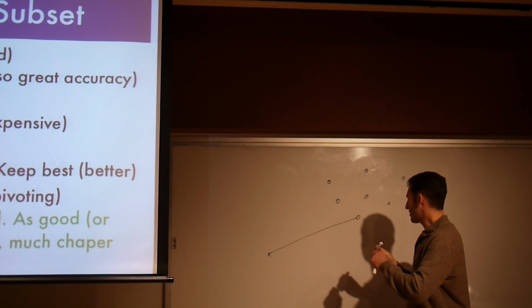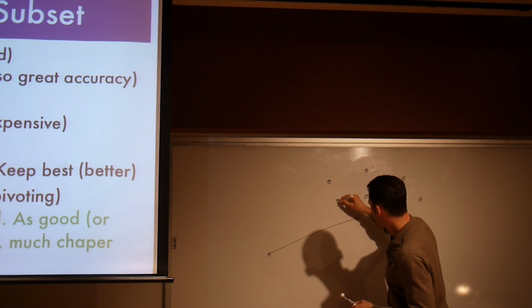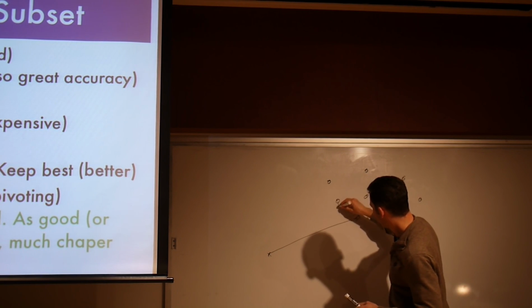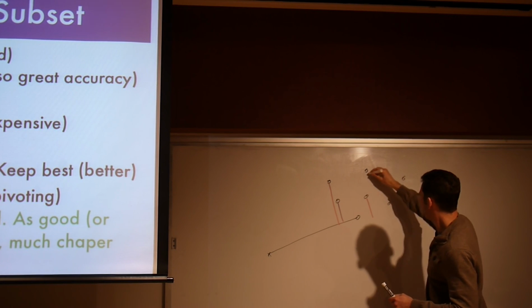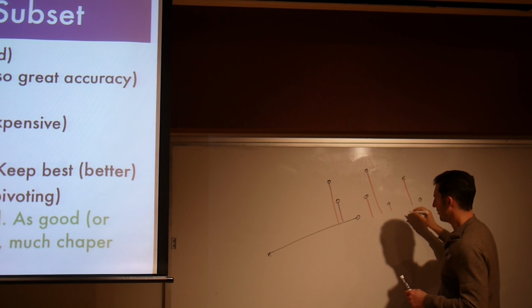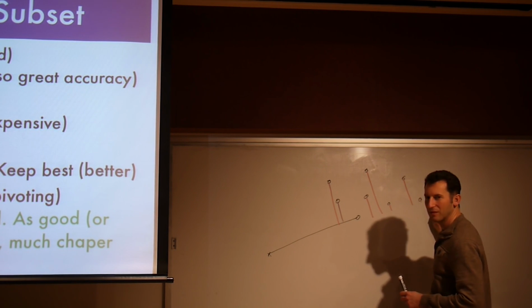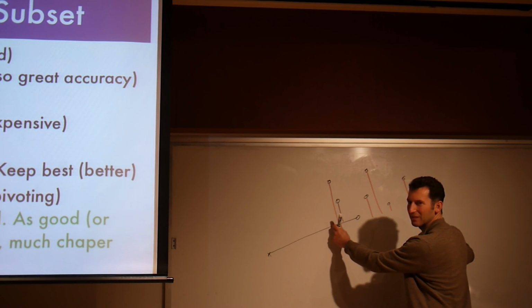So what now happens is that all these points will have these residuals. Right? So these are the residuals now. Now what I can simply do is take these as new points.